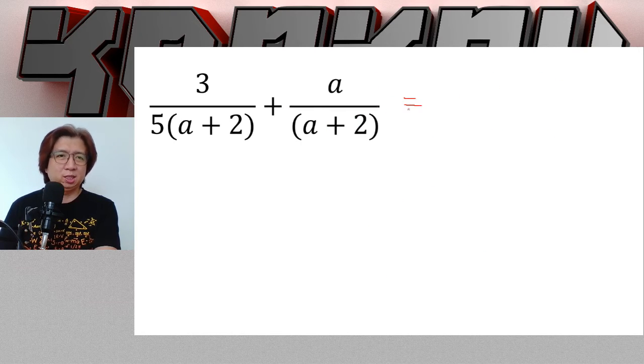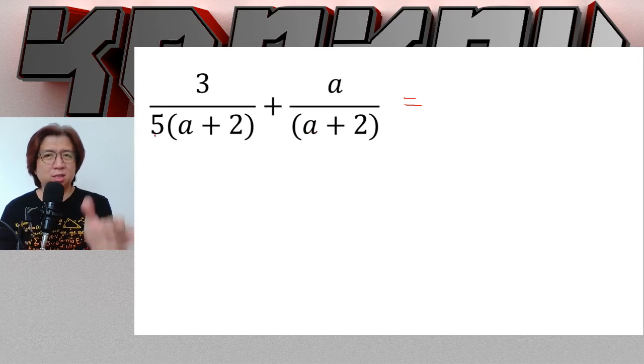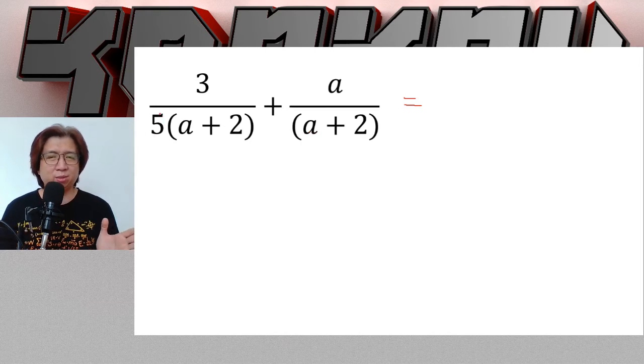Next. Okay, so this is easier. So we have 3 all over 5 times quantity a plus 2, plus a all over a plus 2. So notice that the denominator of the first term has 5. So I'm going to multiply the second term only by 5 over 5. Okay, so I'm going to write it here now.